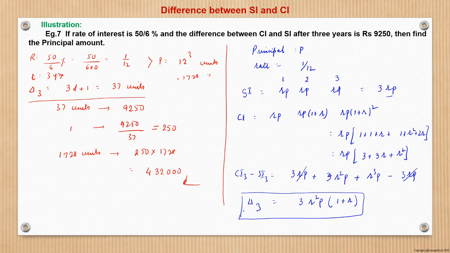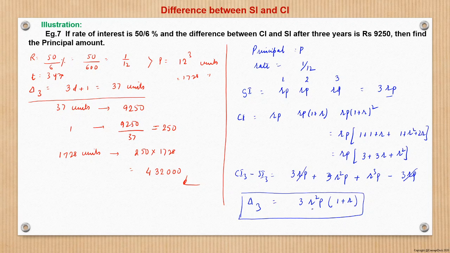which is a bit tedious, but anyway, here also if I substitute the value of R as 1 by 6 and delta 3 has been given as 9250, we can get the value of P. But this is a cubic equation, so it may not be very easy. In this question this will not be useful, because again we'll have to solve a cubic equation, which will be very time consuming.